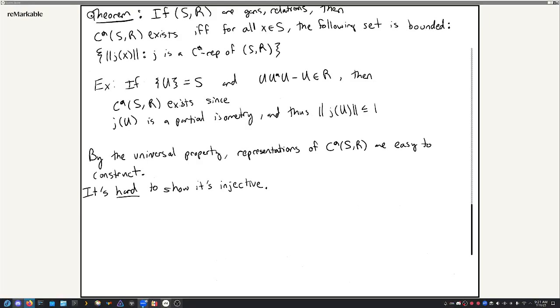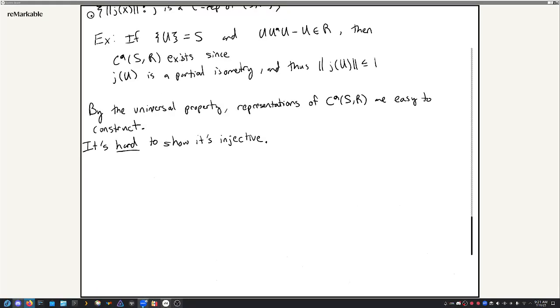And then you have to prove something about every possible C-star representation for the generators and relations. Okay, so that's what I have to say about universal C-star algebras.